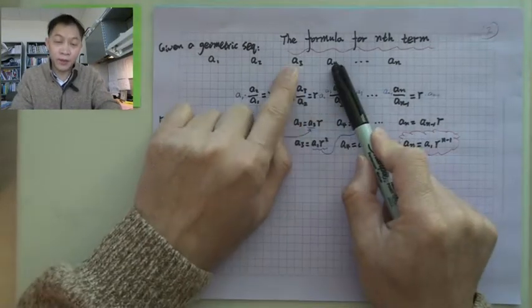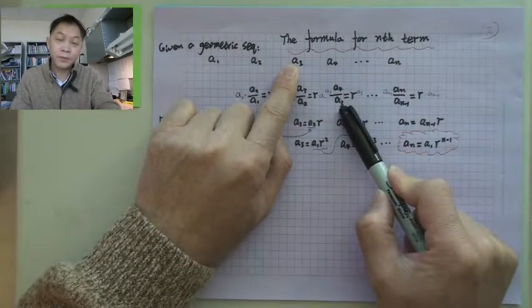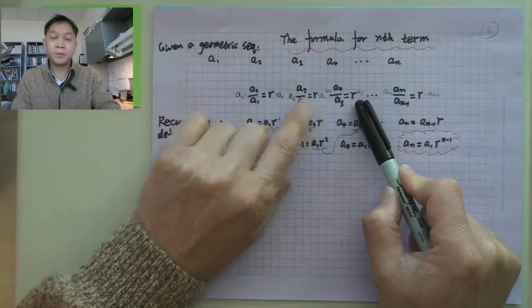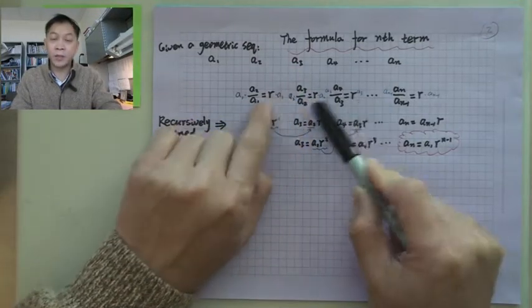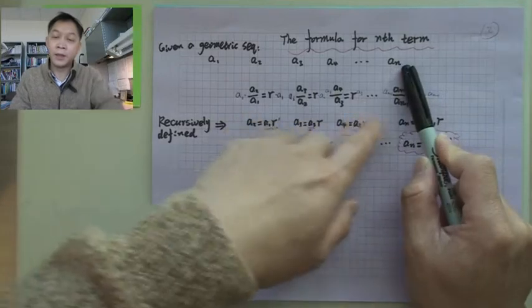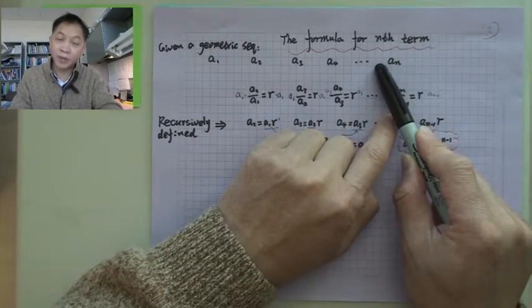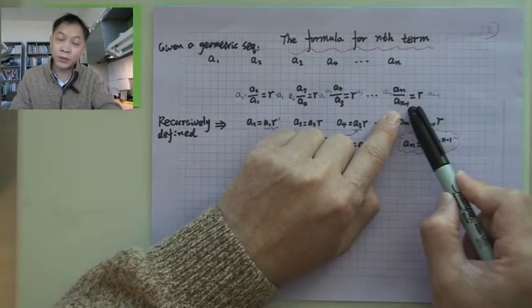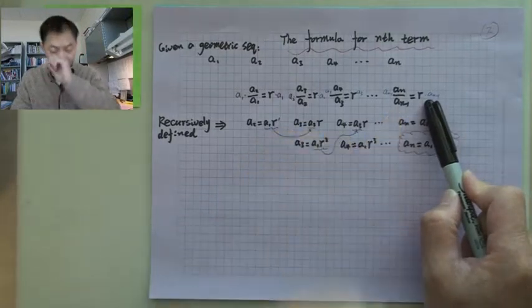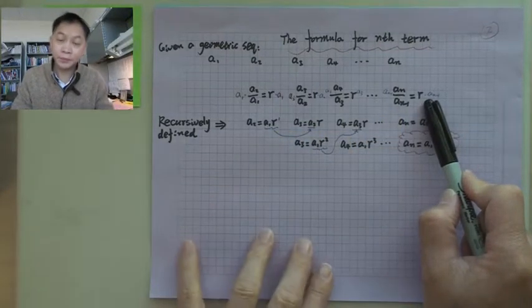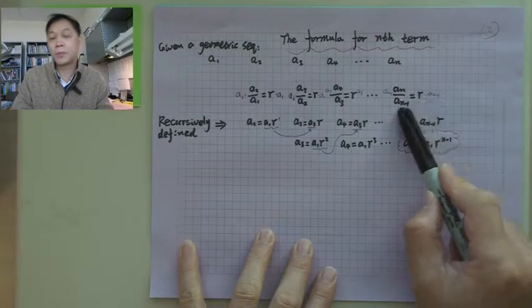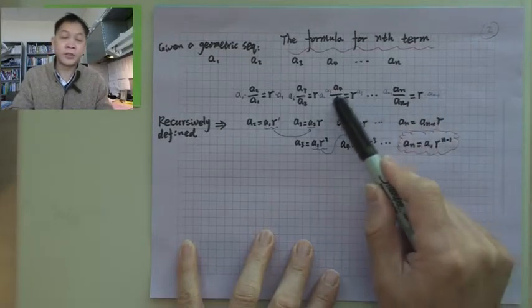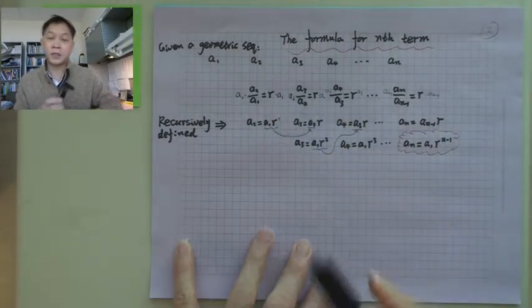So A4 divided by A3 is the same R. All those R's are the same. And An divided by the previous term, that's An minus 1, is R. So all those R's are the same, so it's a constant.